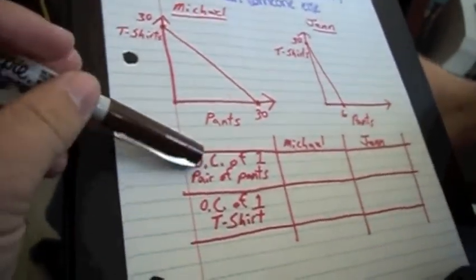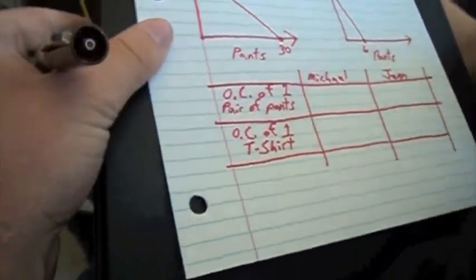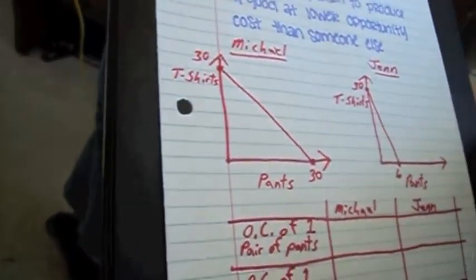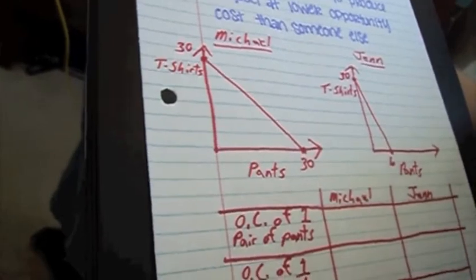Now, the opportunity cost of 1 pair of pants for Michael. Opportunity cost is always measured in the unit of what they're giving up. So we need to find out what Michael is giving up each time he makes a pair of pants.